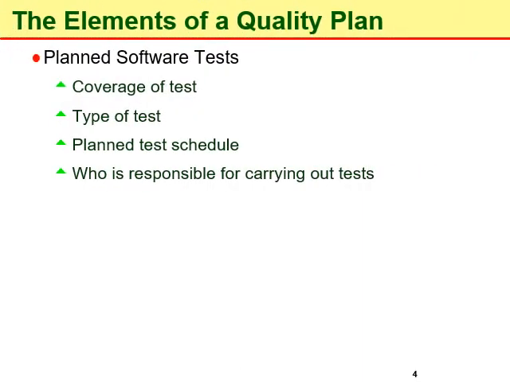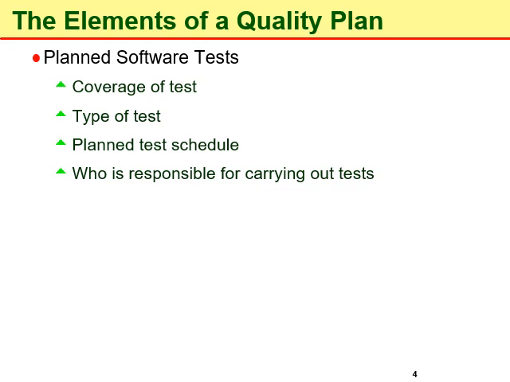The next element of the quality plan is planned software tests. Of course a list of planned tests has to be there in the quality plan, and it should contain details on, for example, the coverage of tests, like unit testing, integration testing, subsystem testing, and system testing, and so on.